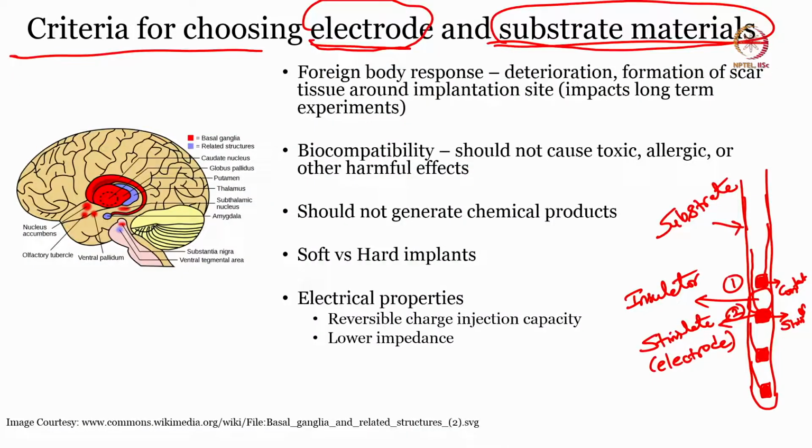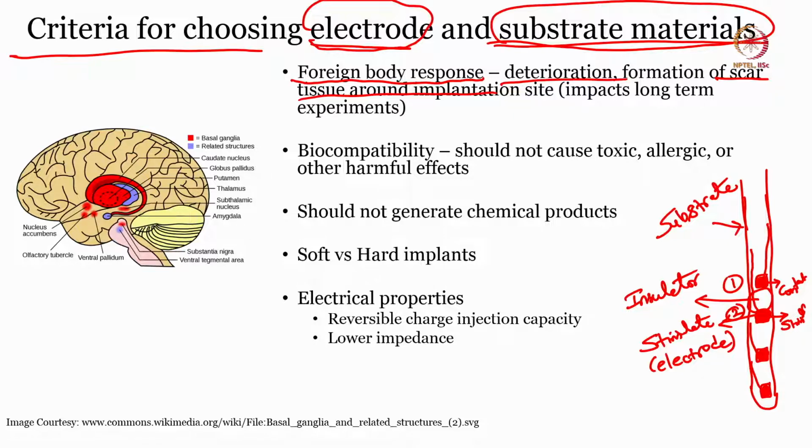Look at the slide. The first criteria is this: whenever you implant anything, there is some kind of foreign body response. Because of that, there is scar tissue formation around the implant, and deterioration also takes place if the foreign body response is too much.